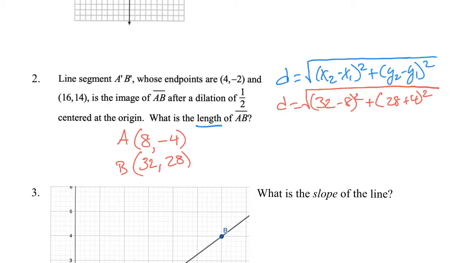We get 32 minus 8. That's 24. And then we square that, and we get 576. 28 plus 4 is 32 squared. That's 1024.